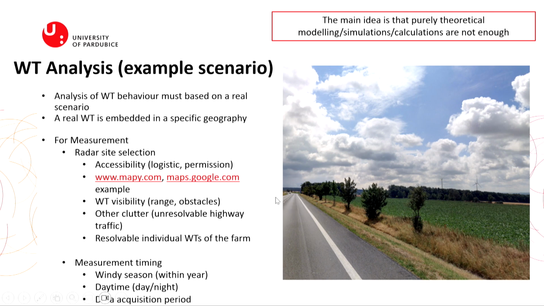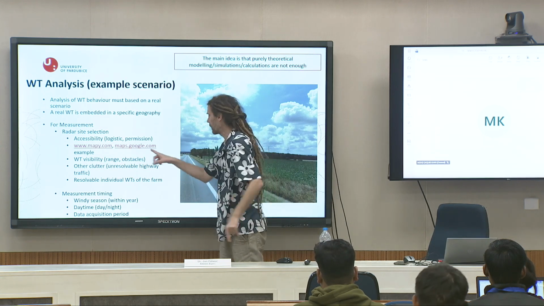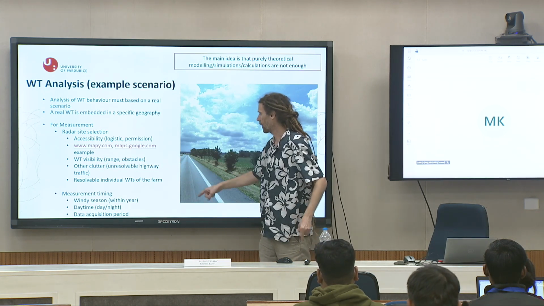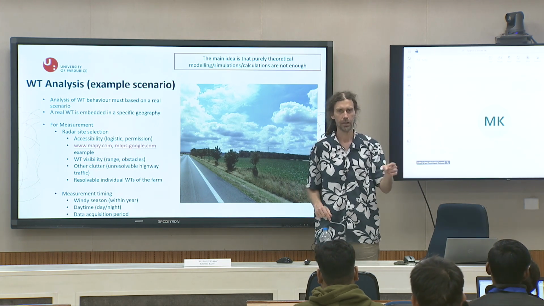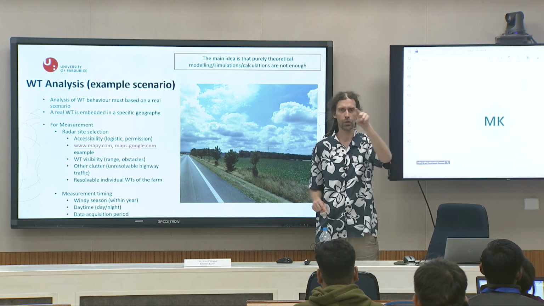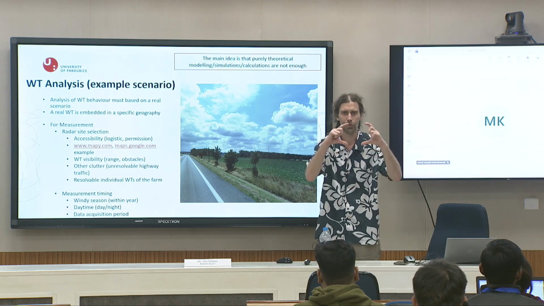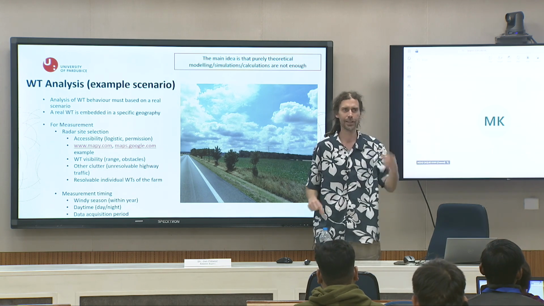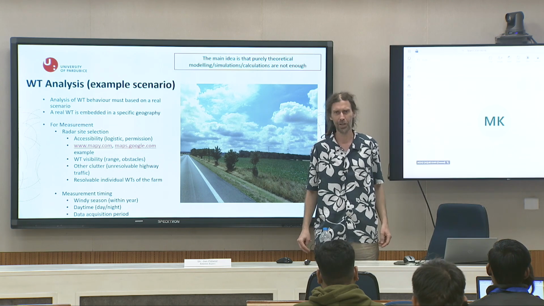Imagine that you plan on the opposite side of a road, on the left side, that you want to make a measurement from this distance, and now you figure out that there is a main road with cars driving. And what does this mean? That is rotation of the wheels. It is like a small wind turbine, it is rotation, it will again be RCS, and you don't get valid measurements.